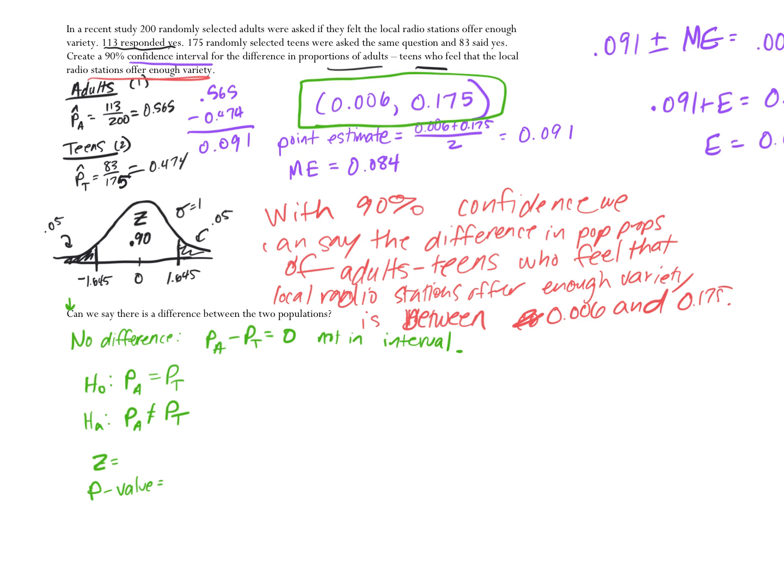So my interval is suggesting the alternative hypothesis is true, which means I should reject the null hypothesis. When we run this test, the z statistic will be in the rejection region, and the p-value will be smaller than 10%. Is everybody good? They're making the same decision. There's a connection between all of these things.